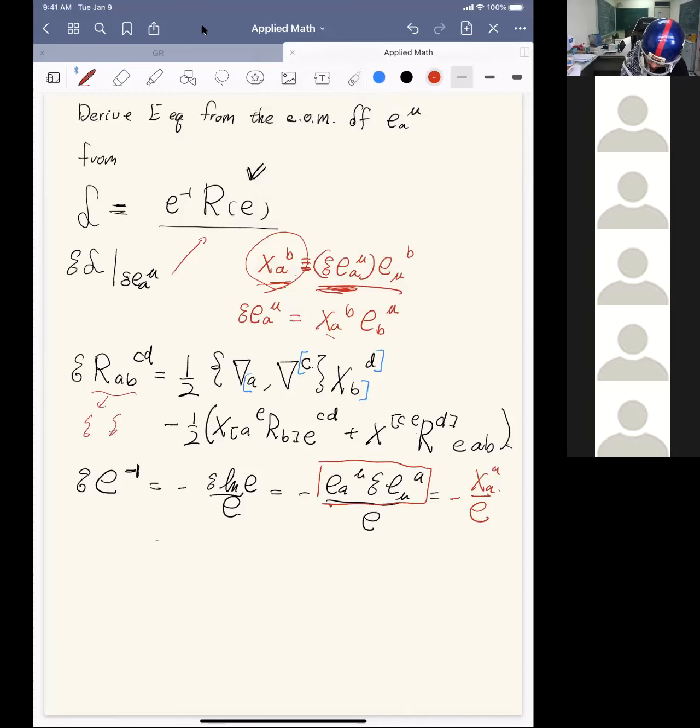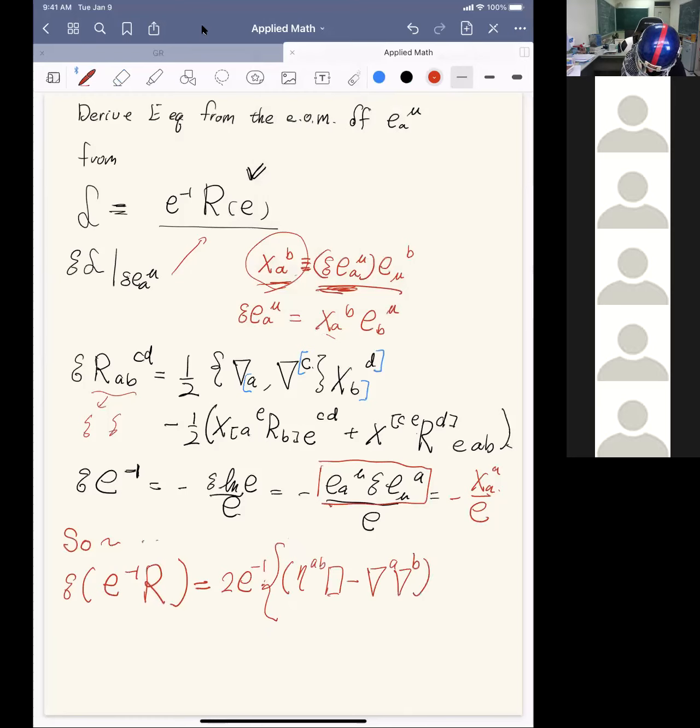Okay, so putting everything together, our grand finale: the variation, where this variation is the variation of the Vierbein, of E inverse R, is going to be equal to 2 times E inverse multiplied by, first of all, eta AB box minus delta A delta B, minus RAB, minus a half eta AB R, multiplied by XAB.